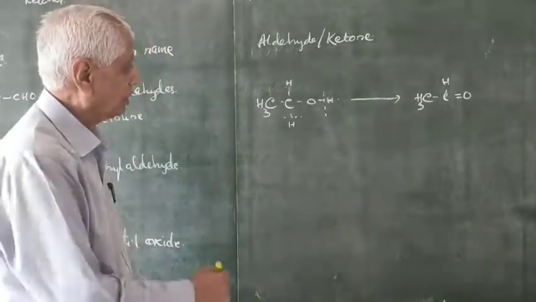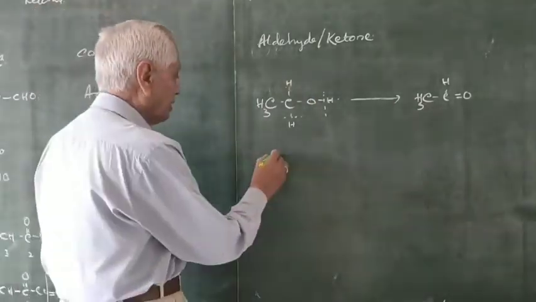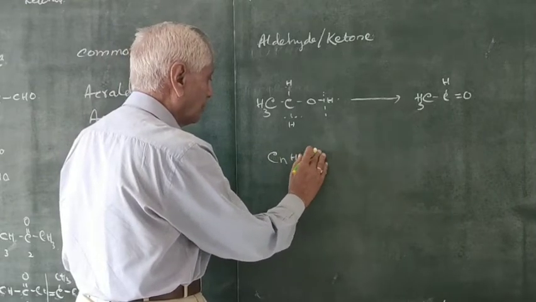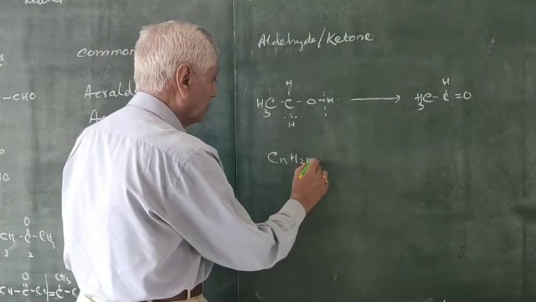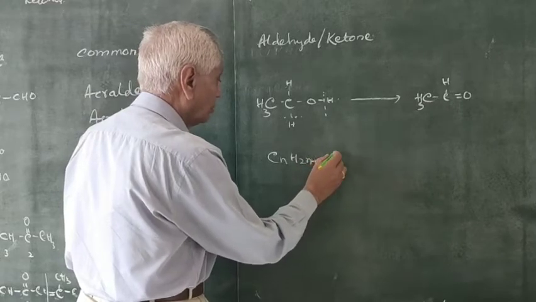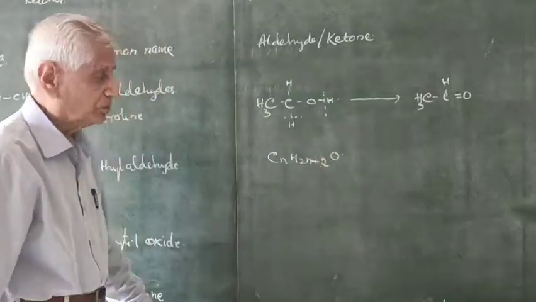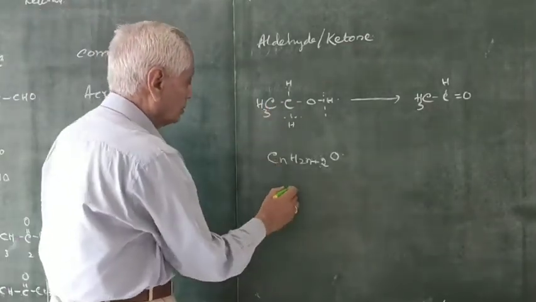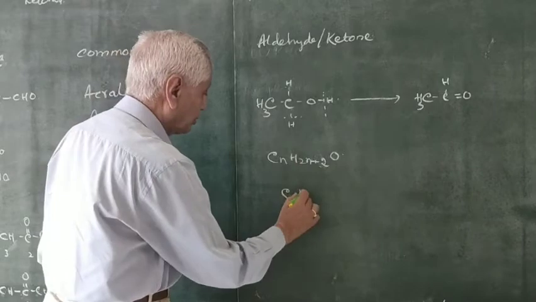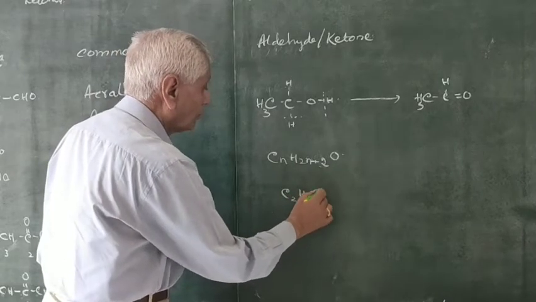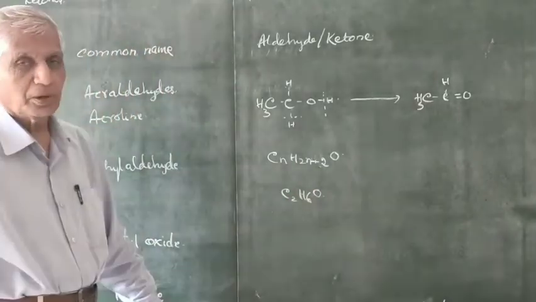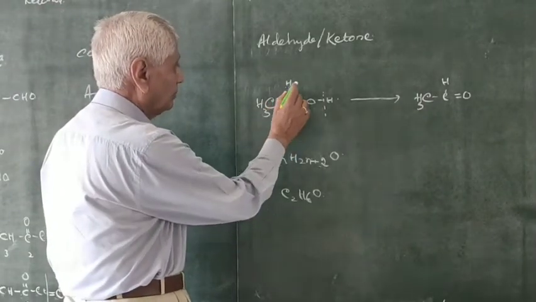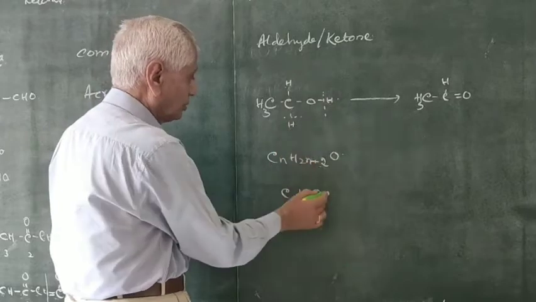And you know the molecular formula of the alcohol is CnH2n+2O. Here, C2H6O: 3, 4, 5, 6, one oxygen.